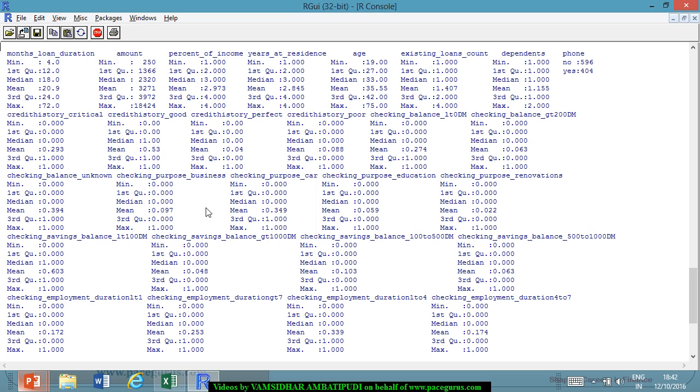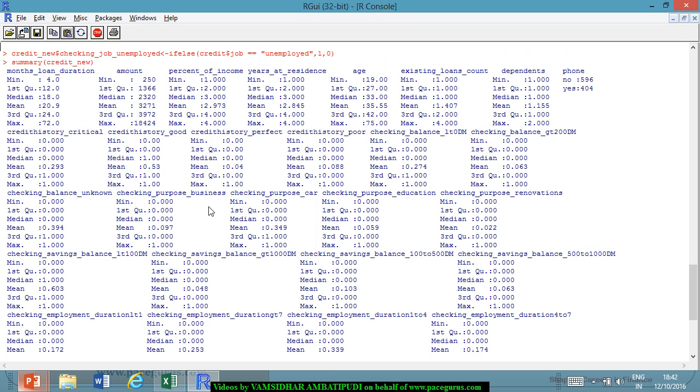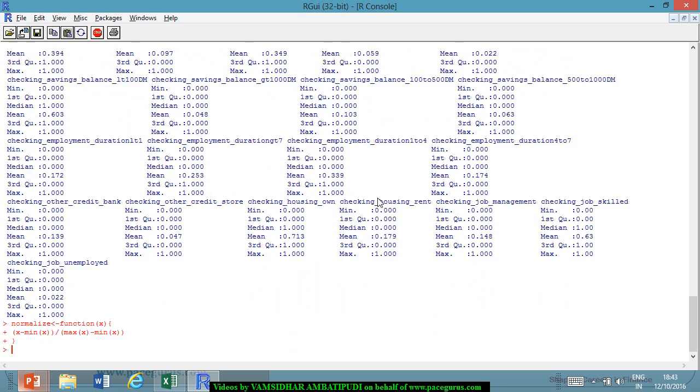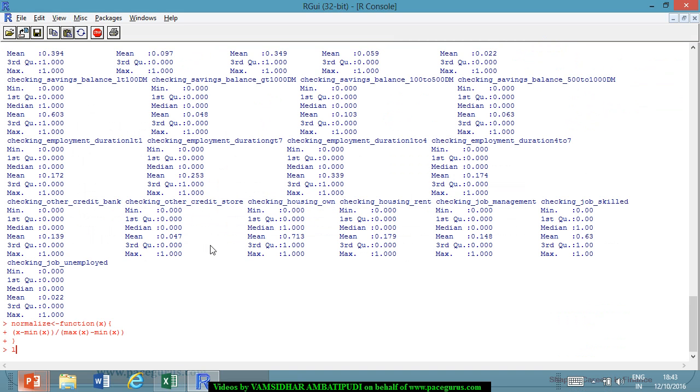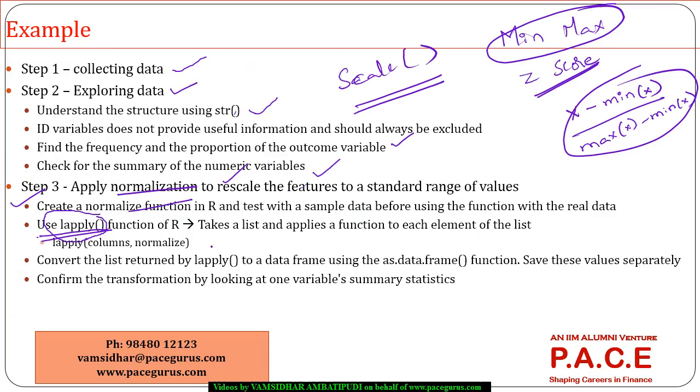I did not capture the default here, so I don't have the default related data, which is my dependent variable. So I don't need to bother much about it. For all the other variables, which do not include my decision variable, I'll be using lapply. Anyhow, as a part of credit new, I did not capture the decision variable, so I don't need to bother much on that aspect. So I will take lapply over all the columns.